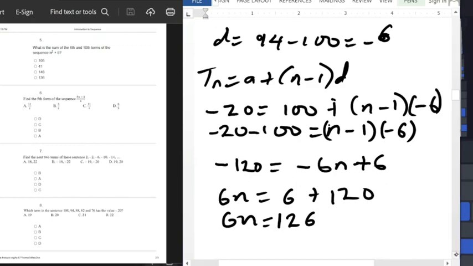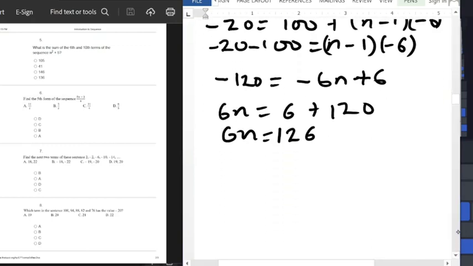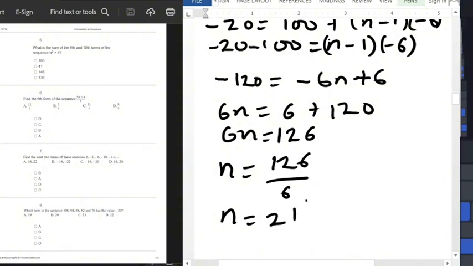So n equals 126 over 6, which is 21. So the answer is 21, which is option C.